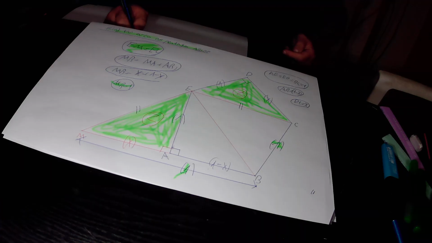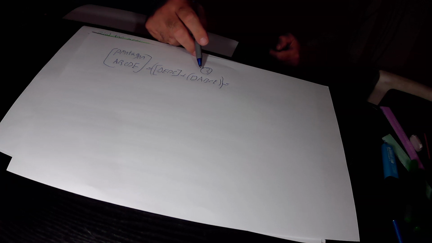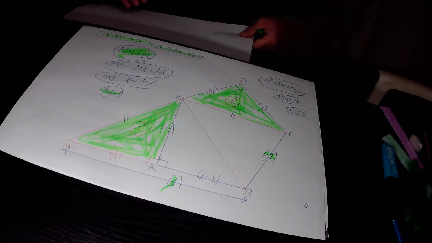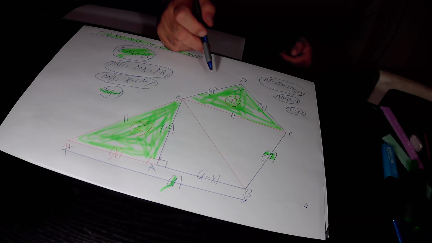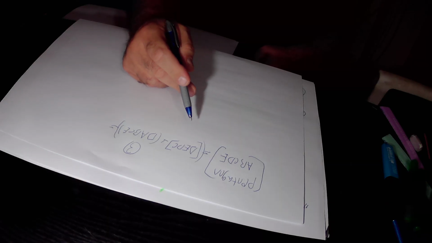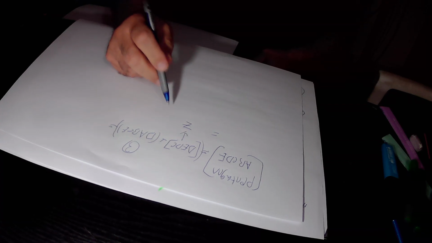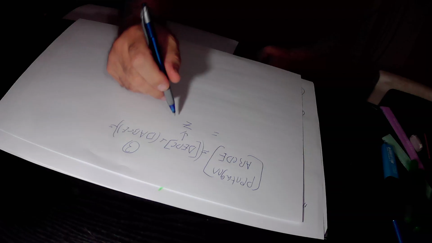And I already found out that the area of this green right triangle EDC equals Z. So we substitute the area of the green right triangle EDC by Z, plus the area of this quadrilateral ABCE.